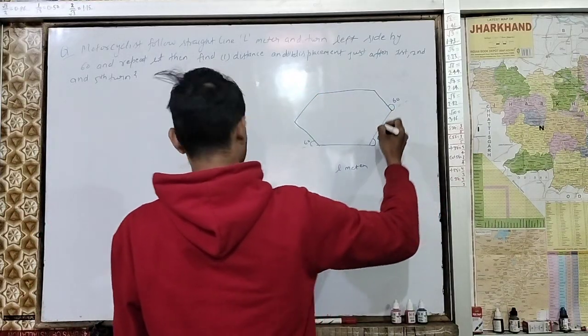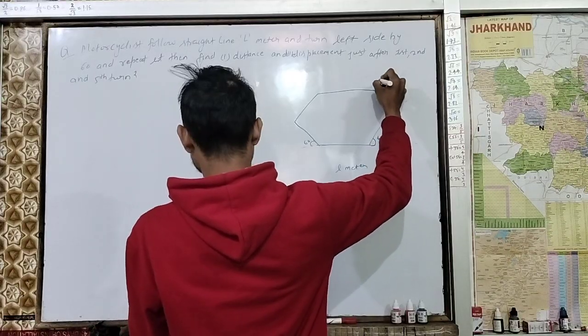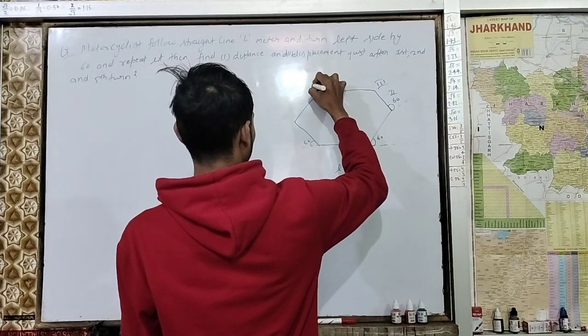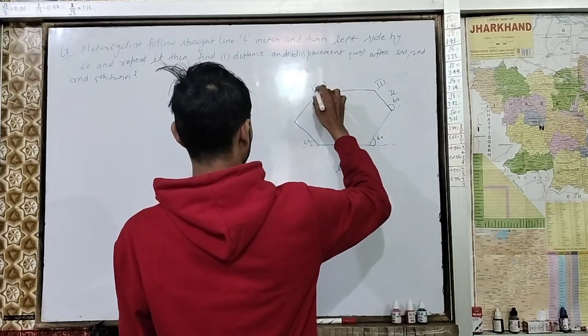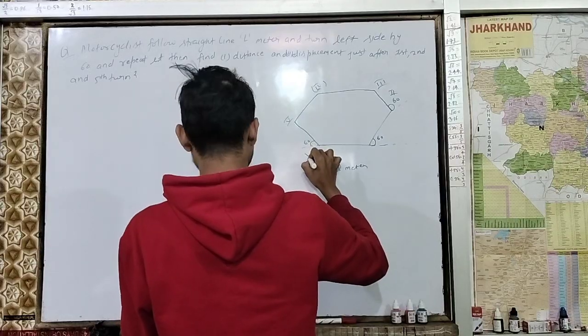We consider this as the first turn, this the second turn, third turn, fourth turn, fifth turn, and then sixth turn.